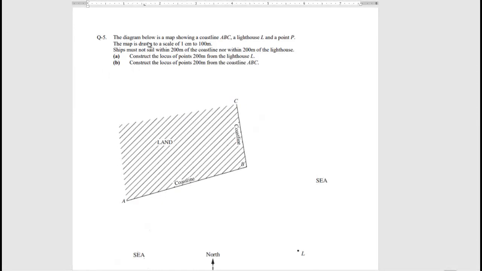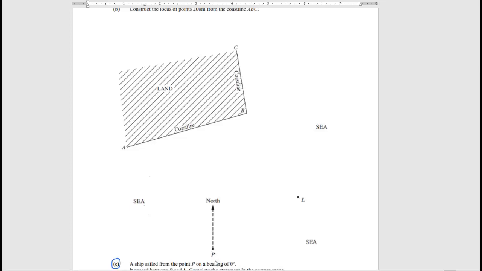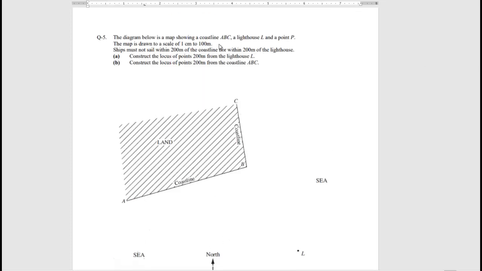The diagram below is a map showing a coastline ABC, a lighthouse L, a point P. This is the coastline A, B, C, and this is the lighthouse here, and this is point P. Scale of map is 1 centimeter to 100 meter.